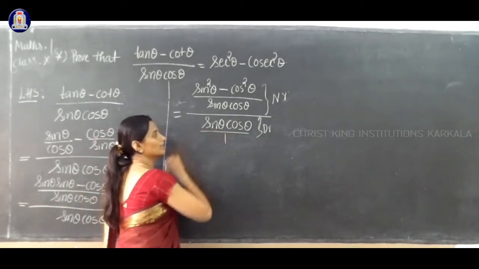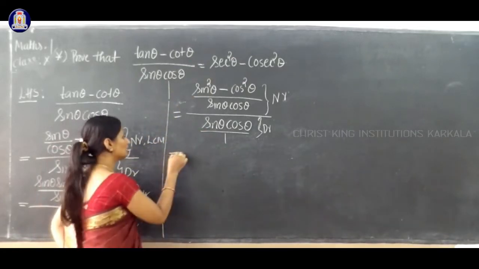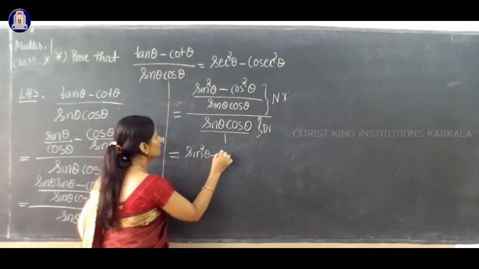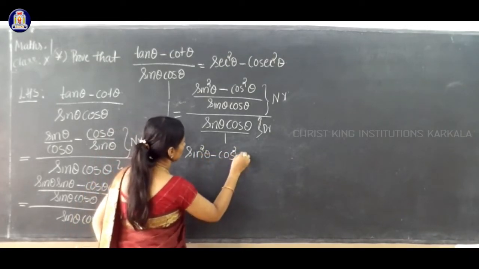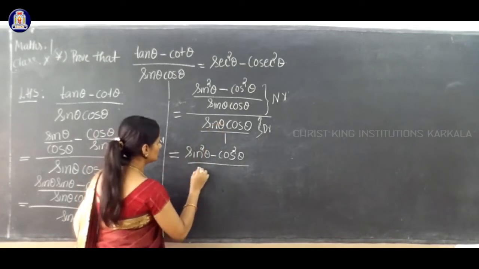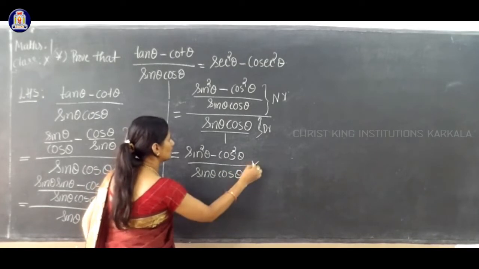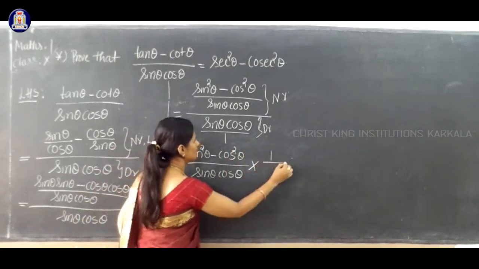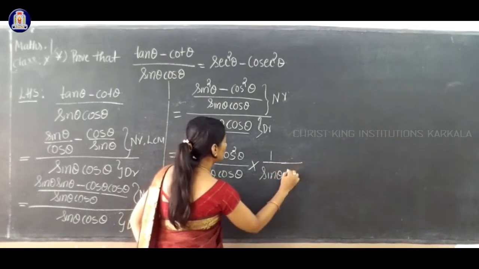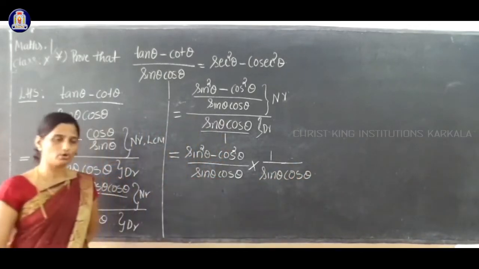As divided by 1, right? Now take this denominator to that side, that means to the numerator. So it is sin square theta minus cos square theta divided by sin theta into cos theta into 1 divided by sin theta into cos theta.